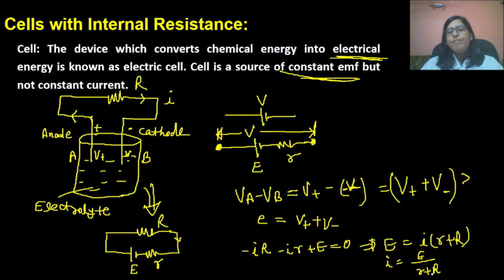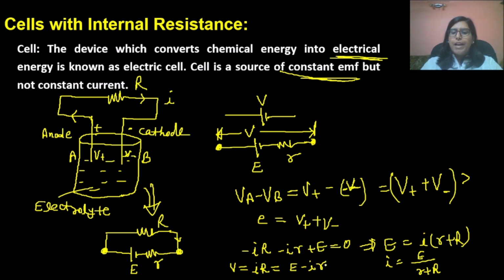So how can we find V? V is the voltage across this cell. So V will be equal to I into capital R, or we can say E minus Ir, right?